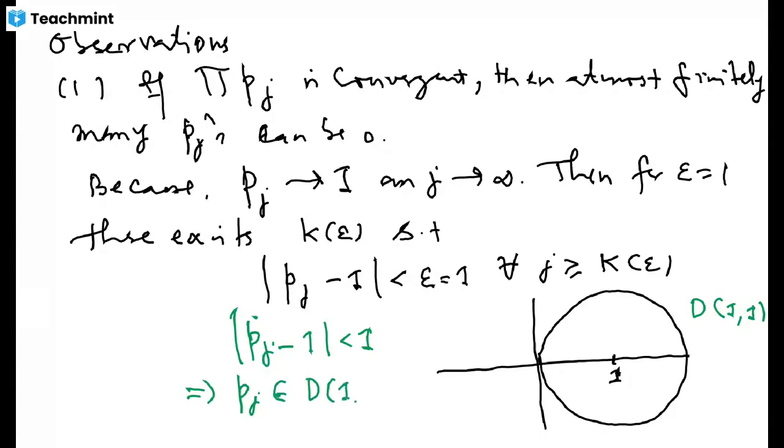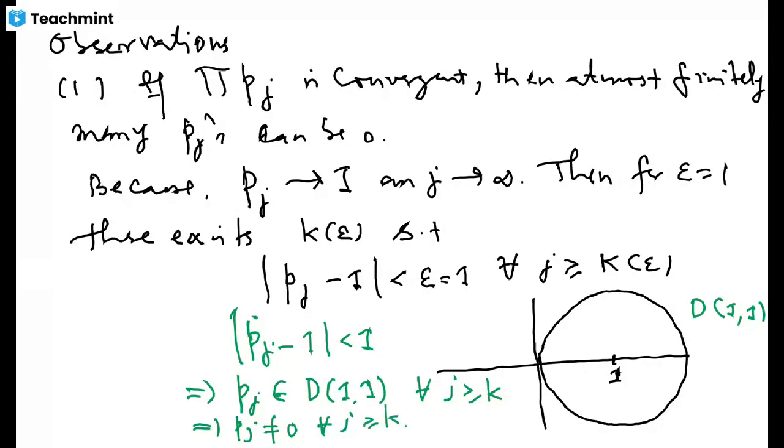This is an open disk and it doesn't contain 0. That is to say, Pj is not equal to 0 for all j greater than or equal to k.